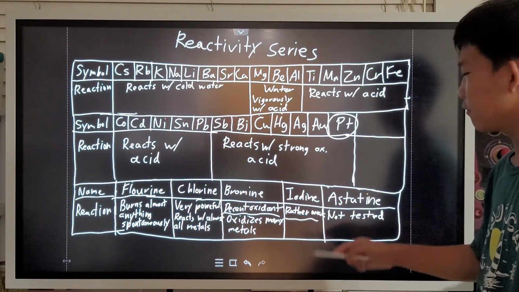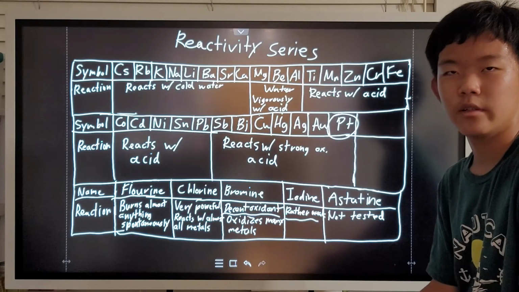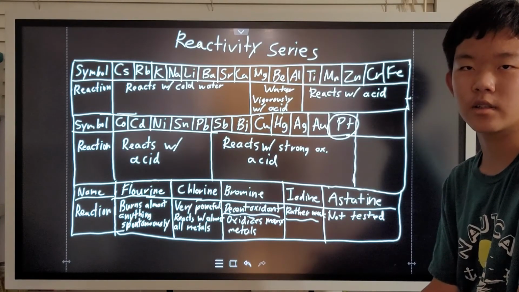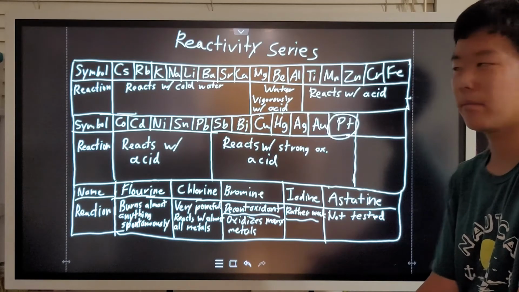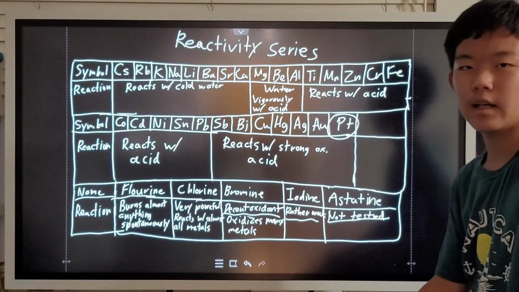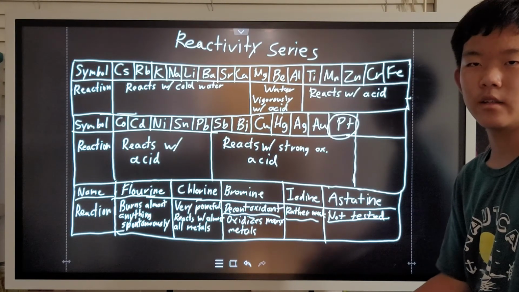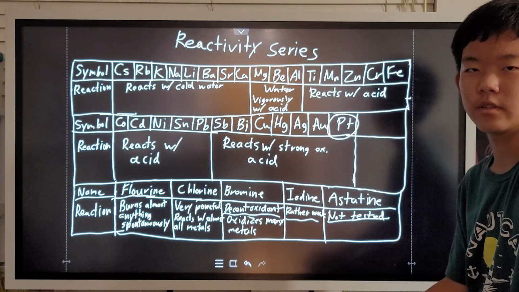Iodine is rather weak of an oxidant given its very low standard reduction potential. In fact, it'll even get oxidized by copper 2 plus ions. And astatine, I put not tested because astatine is just so unstable that it's going to decay into some other element before we even start reacting it.